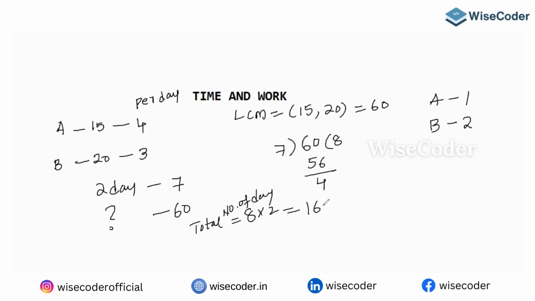So next is A's turn. I am left with how many chocolates? 4. A will eat how many chocolates per day? 4. So A will come and he will eat 4 chocolates in how many days? 1 day. Then the answer is, on the 17th day, the work is going to be finished.